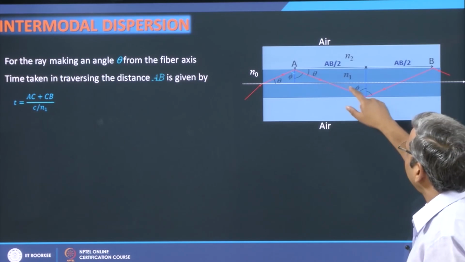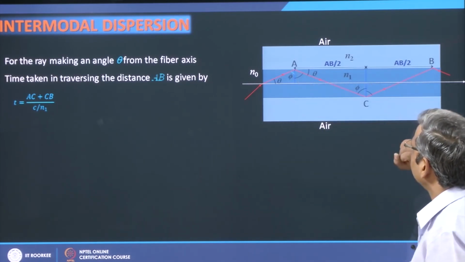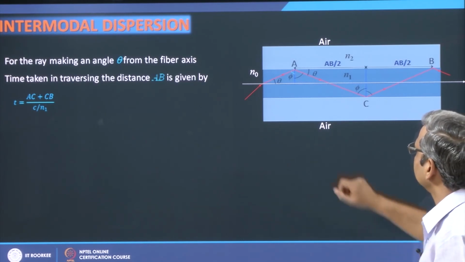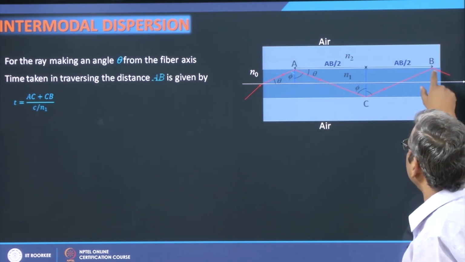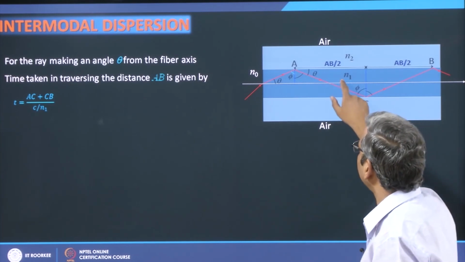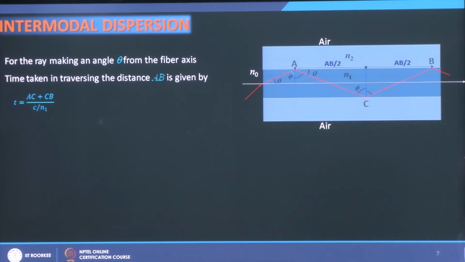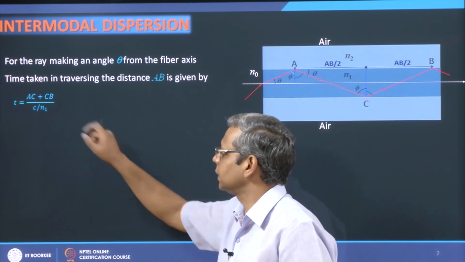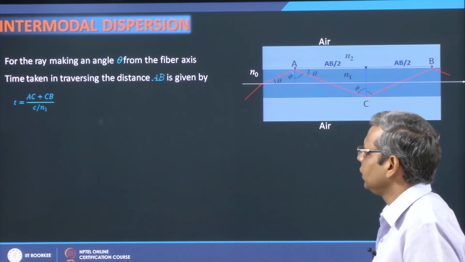So, what would be the time taken in reaching from A to B if it follows this red path? Well, it is very simple: AC plus CB divided by the velocity of light in the refractive index region of N1, which is C by N1. So, T is equal to AC plus CB divided by C over N1.